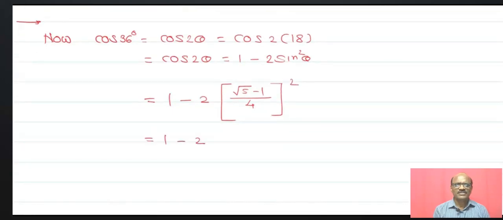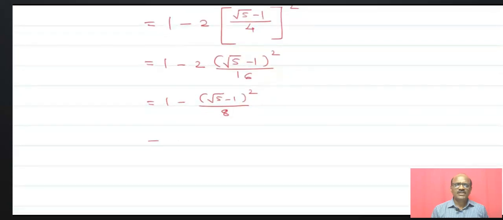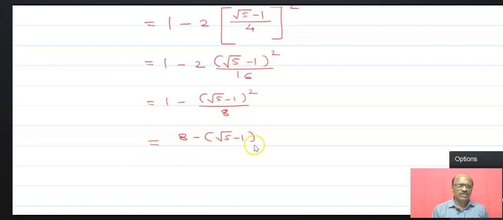Now simplify this. That is 1 minus 2 root of 5 minus 1 whole square upon 16. Now simplify this. Here is 8 into 1, that is 8 minus root of 5 minus 1 bracket square.